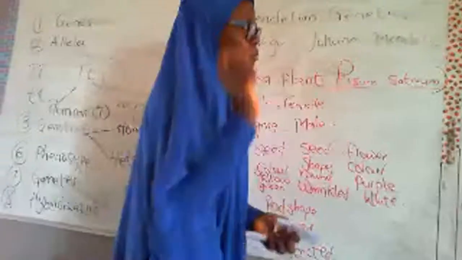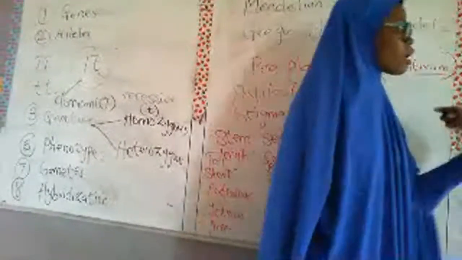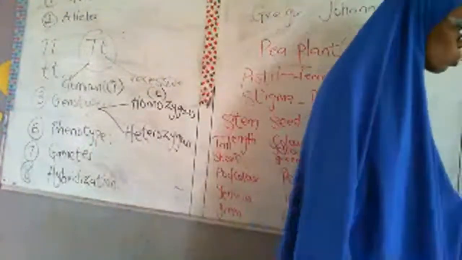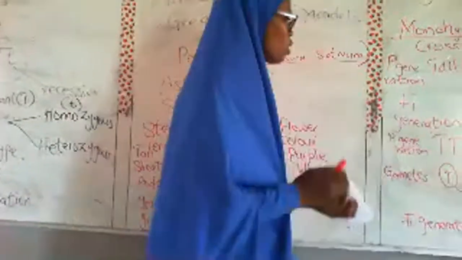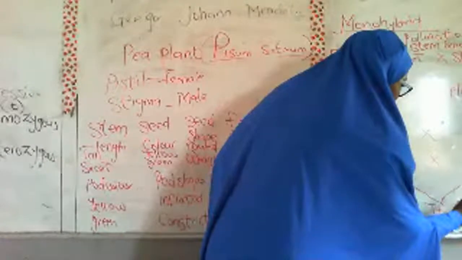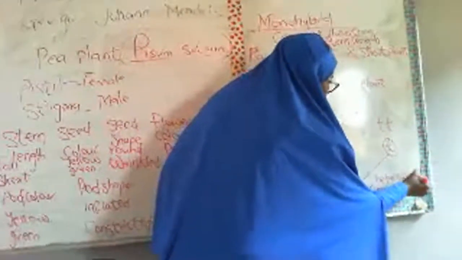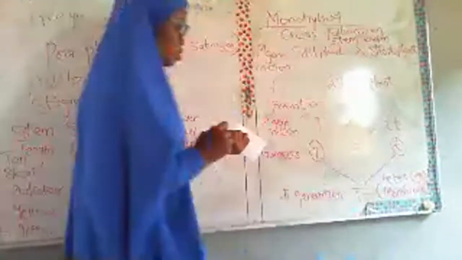So if that single character is now a contrasting pair, the single character is the stem length, but the trait is the tall plant and the short plant. Please take note of this: the multiplication sign, the cross, must be there. Then the gametes must always be circled. Then this is the F1 generation, the monohybrid, or we call it heterozygote.